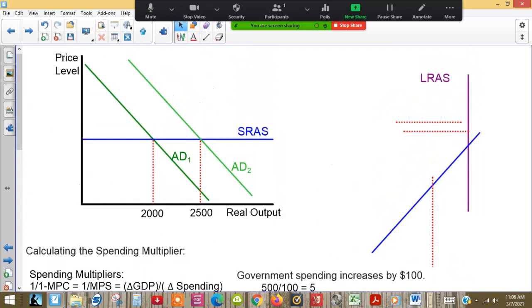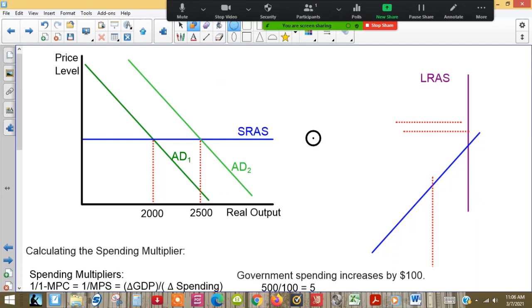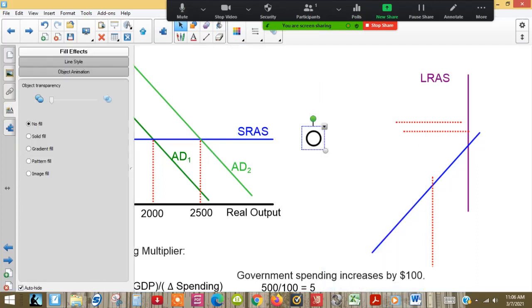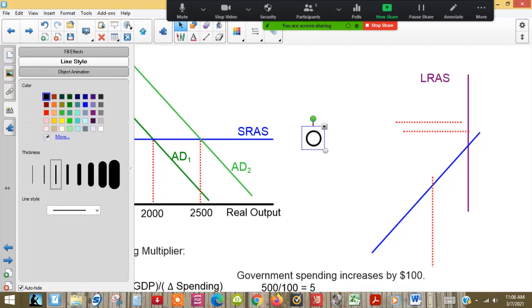You can see that the change in real GDP as a result of the shift in the aggregate demand is 500.